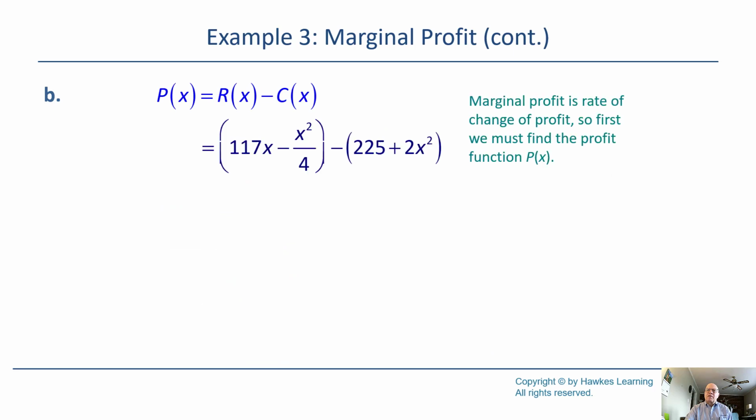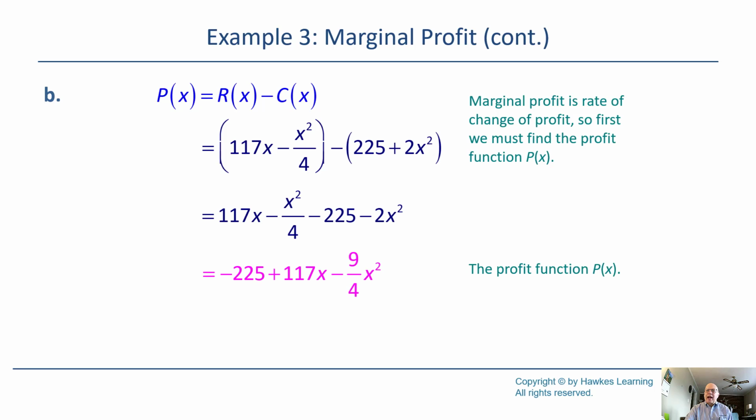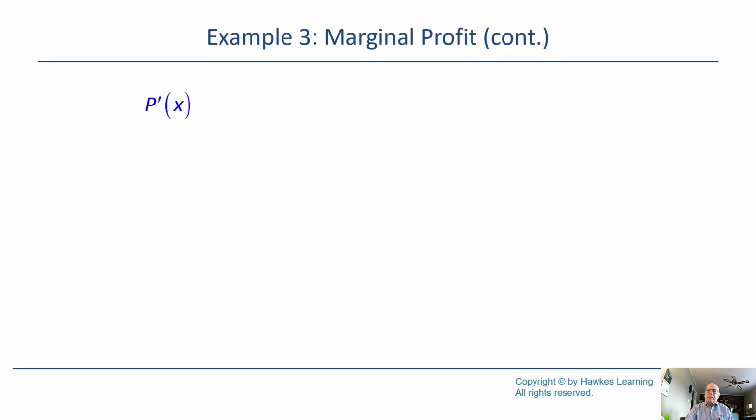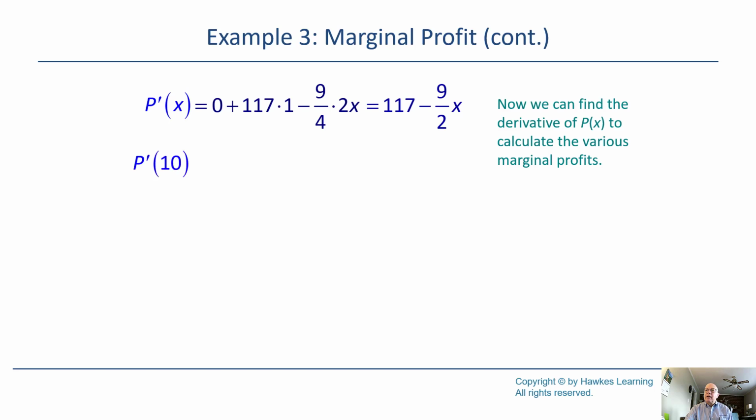Second, there's the profit function. And we had that before. So there's the marginal profit function, cleaned up a little bit. Then all you have to do is put in the various points.